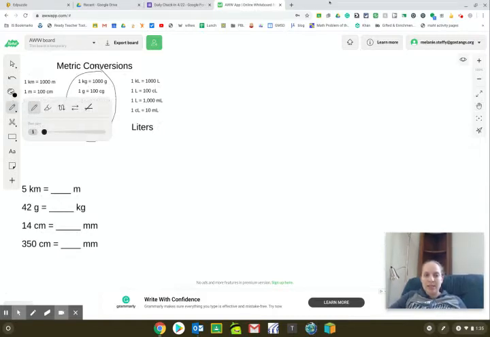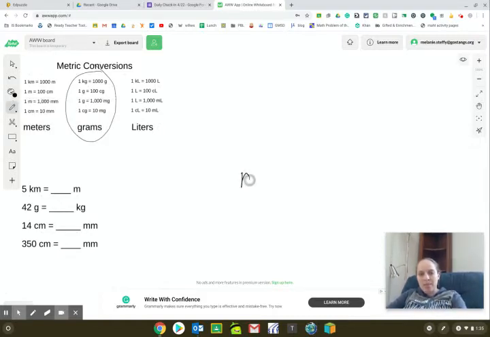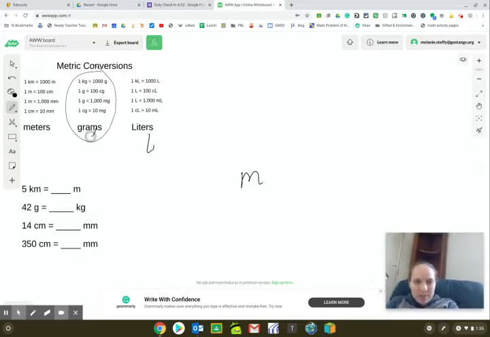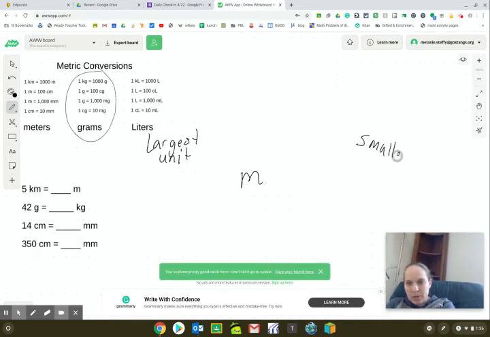In this case, I'm going to start with an M for my base unit, meters. Then I want to think about the different units of length in regards to size. The largest unit is going to be on the left side, and the smallest unit is going to be on the right side.